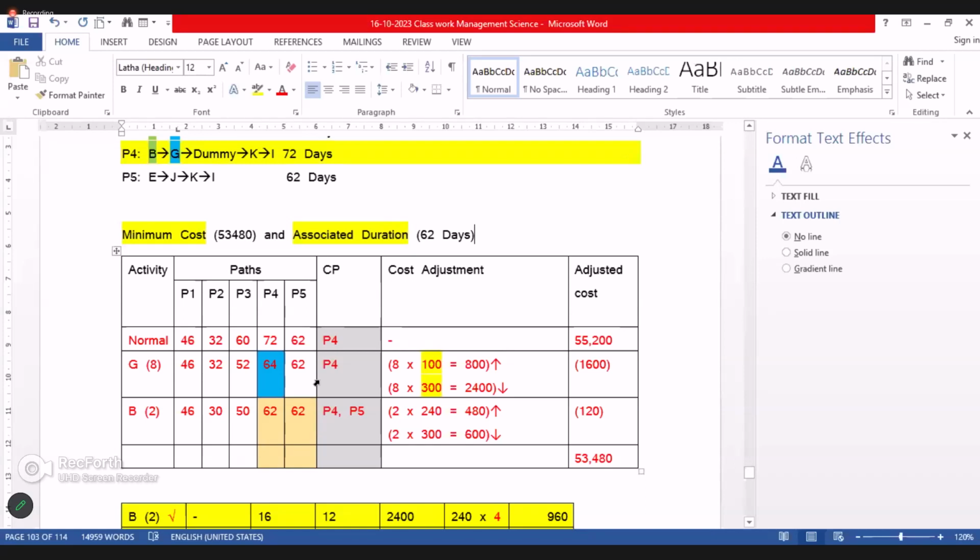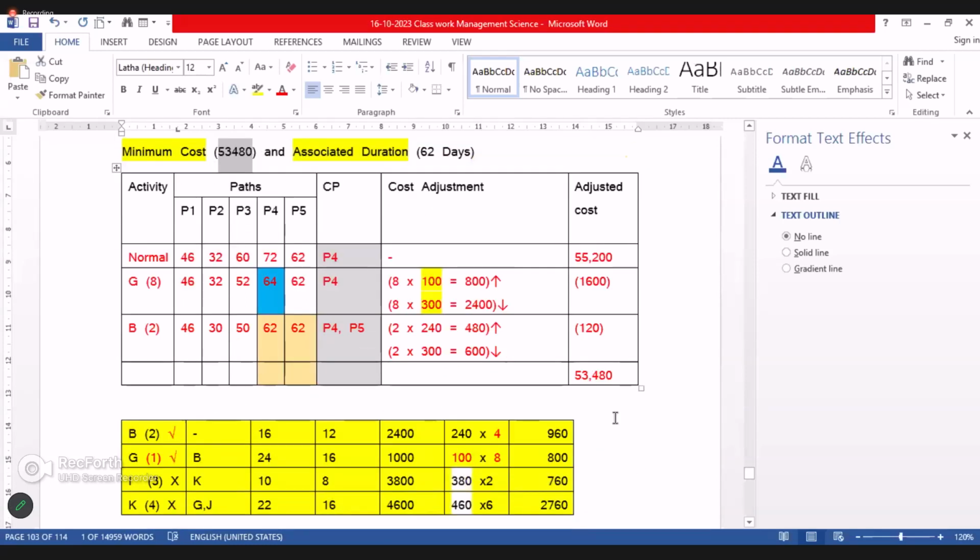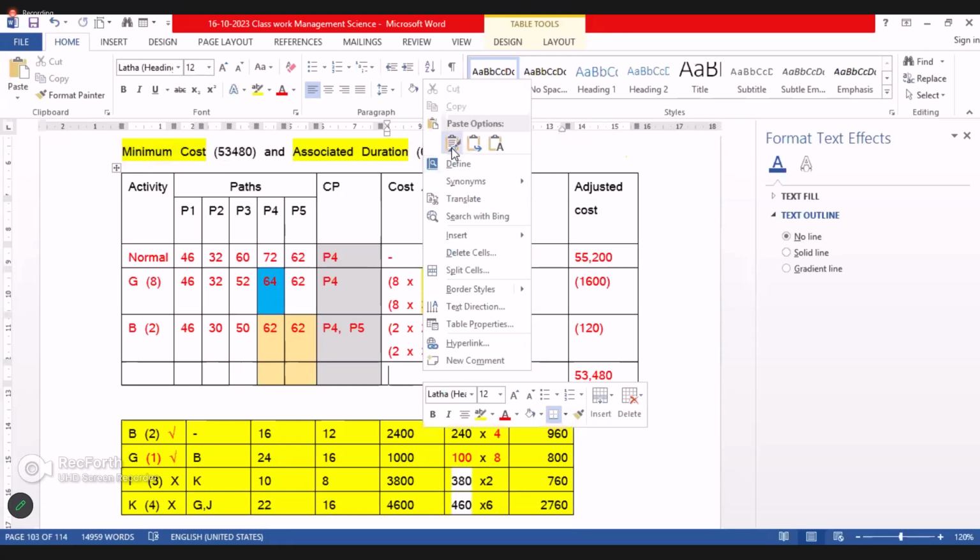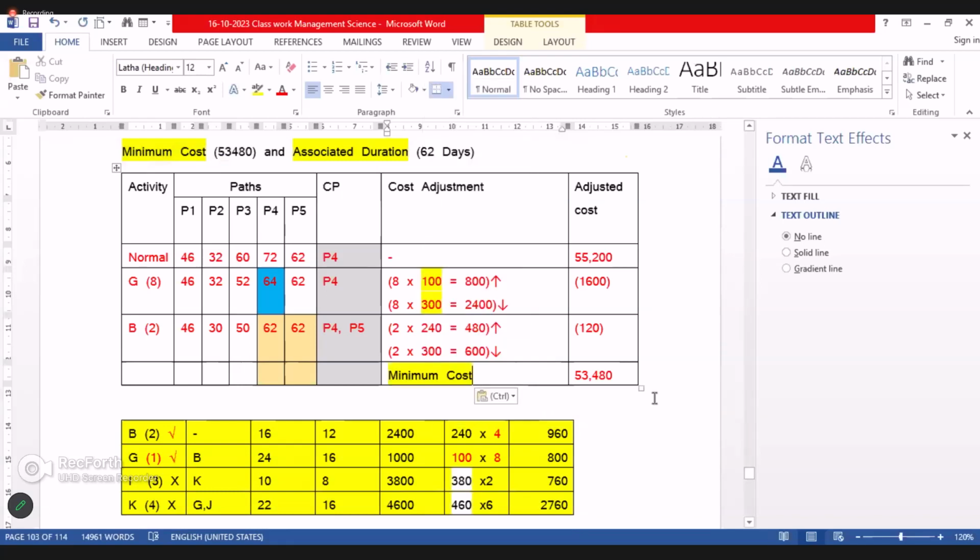So 53,480 is the minimum cost, because after that, if you make adjustments, the cost will increase. That is not the minimum cost. To this level the cost reduces, then it increases again. So this is the minimum cost, and beyond that the cost will increase. So thereafter we have to stop at that point. Okay, so the minimum cost is 53,480.